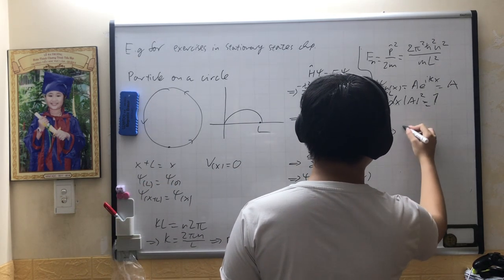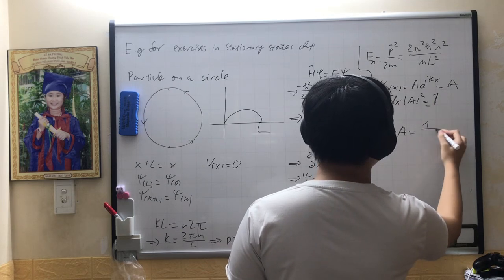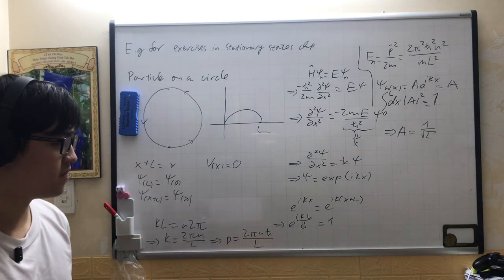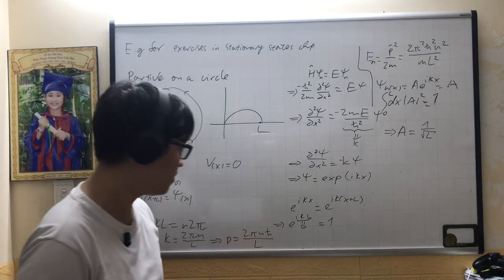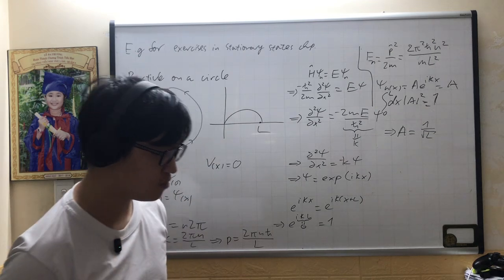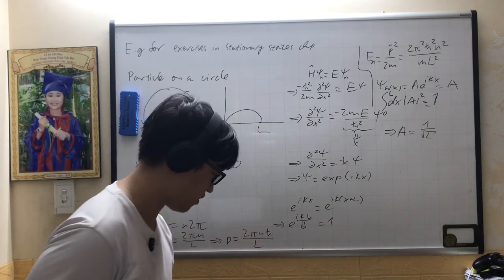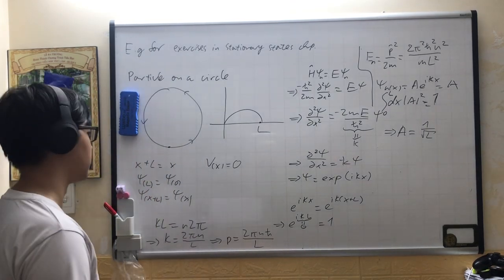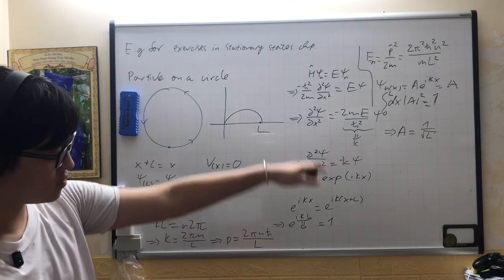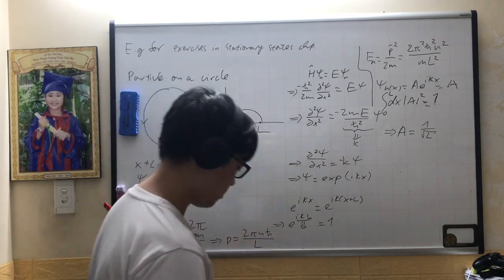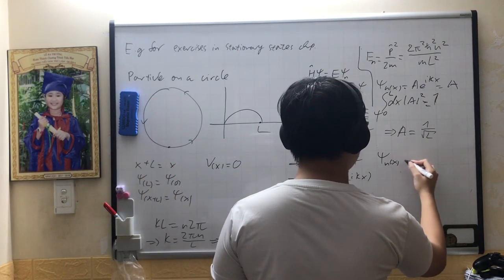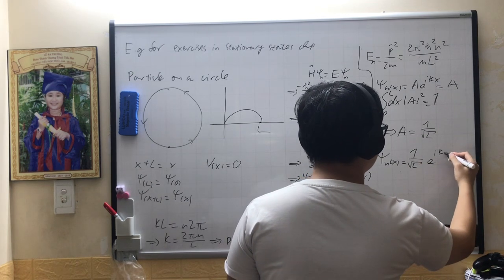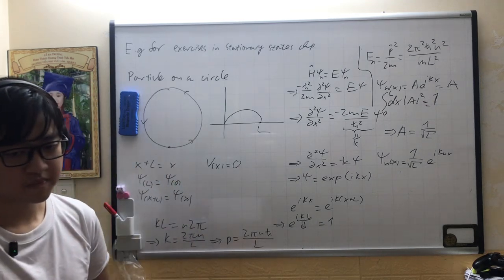You would get that your A is equal to 1 over root of L. As we used before, the form of a wave function on a circle would be 1 over root L times the exponential part. We used that when we talked about the completeness of the wave function. So there you go. You got your stationary state, and on a circle it would be 1 over root L and the exponential part.